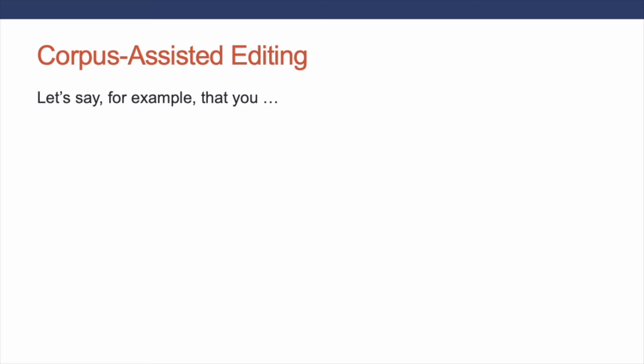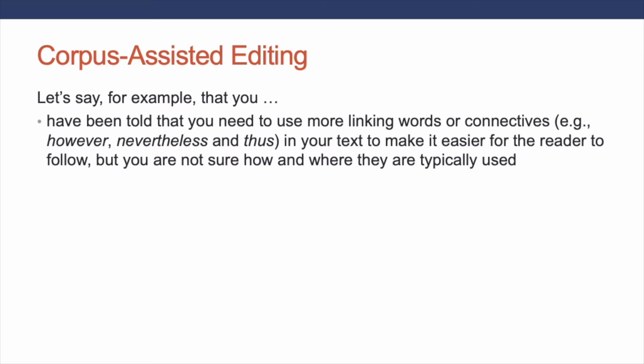Let's say, for example, that you have been told that you need to use more linking words or connectives, for example, however, nevertheless, thus, in your text to make it easier for the reader to follow, but you're not sure how and where they're typically used.